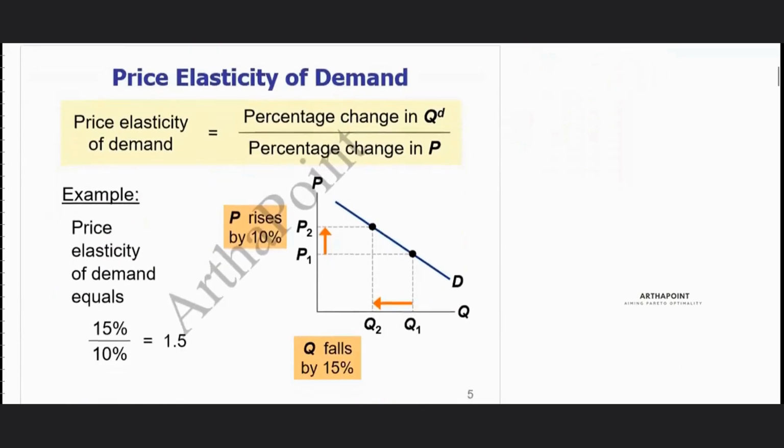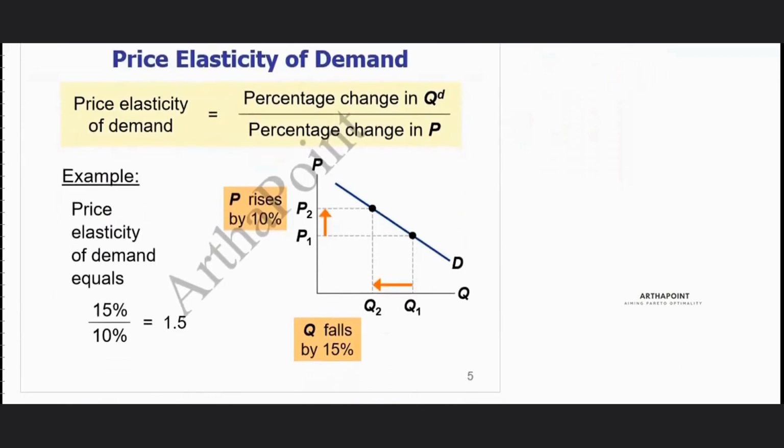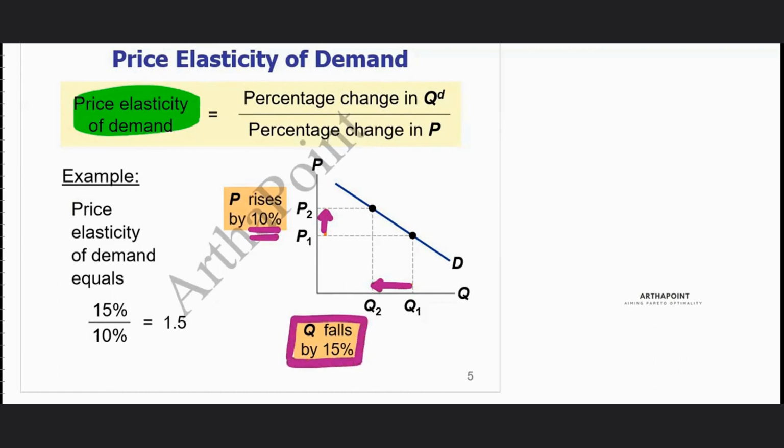Let's go ahead. Now, if I have to find out the price elasticity of demand, let's see what is happening here. Suppose I tell you that my price is increasing by 10%, and the quantity is decreasing by 15%. So the price elasticity of demand will be the percentage change in quantity demanded.